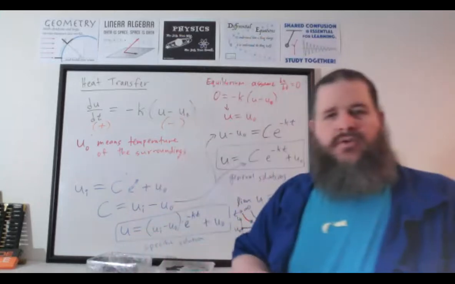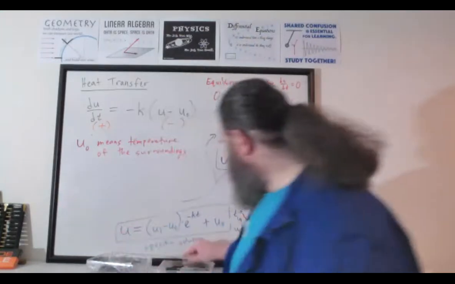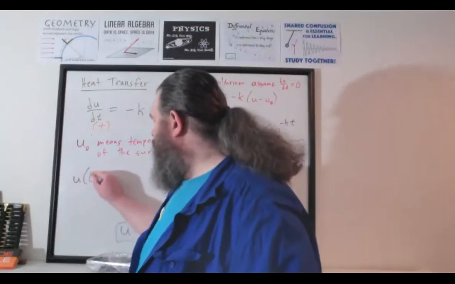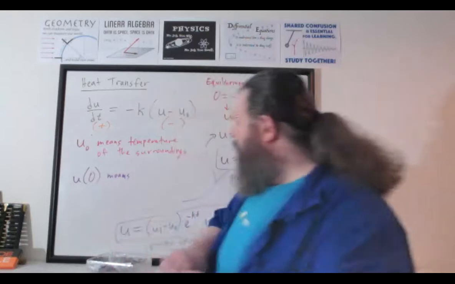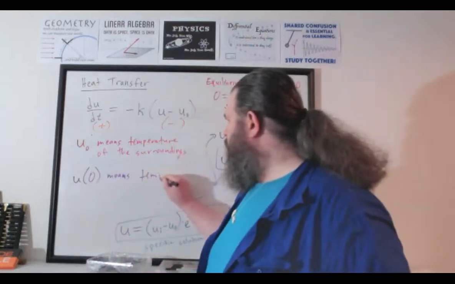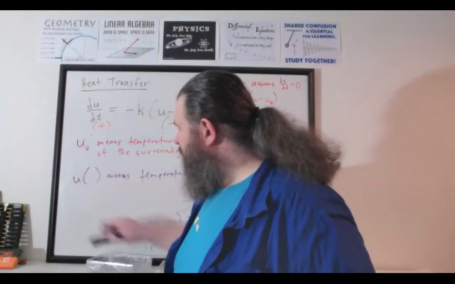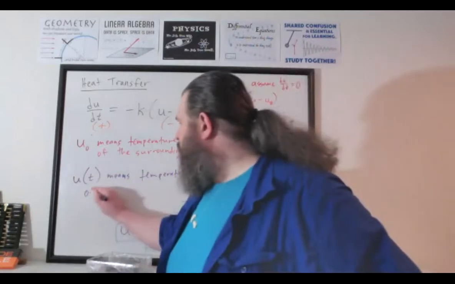As opposed to u of 0 in function notation. U of 0 means the temperature at time zero. So let me change that. U of t means the temperature of the object.